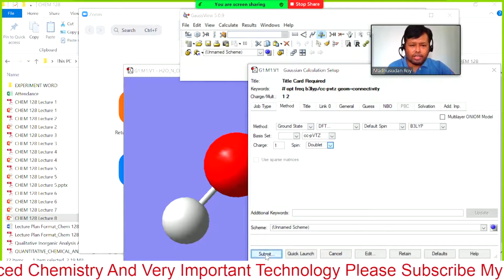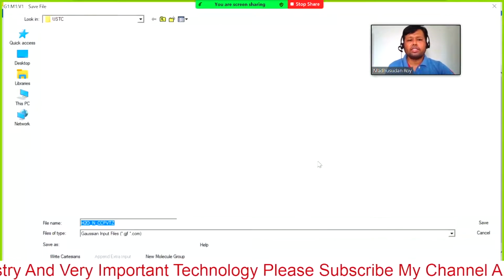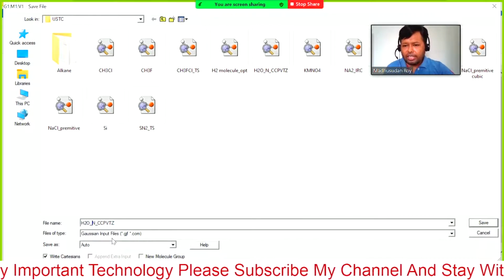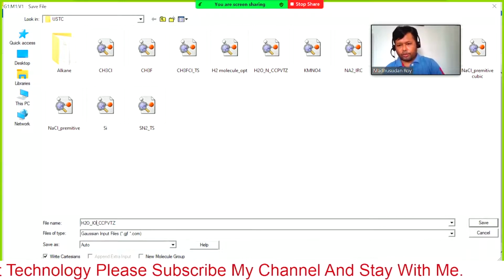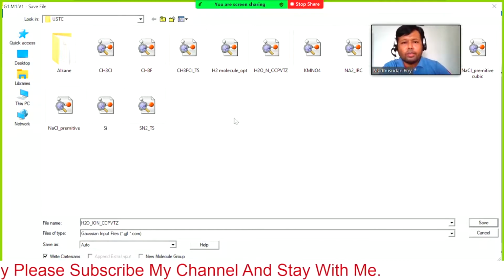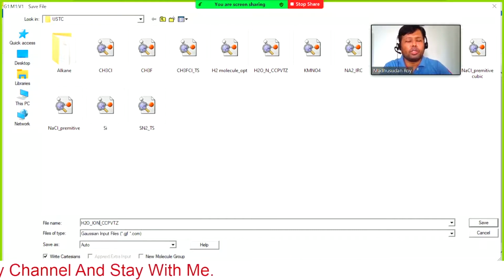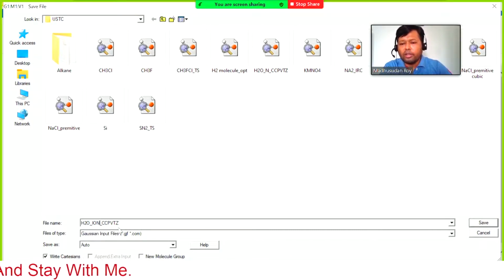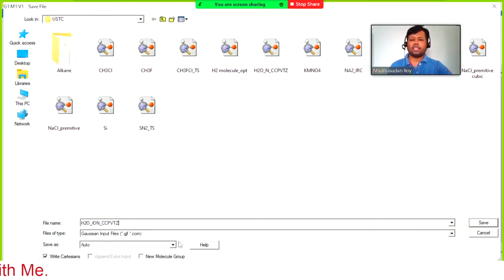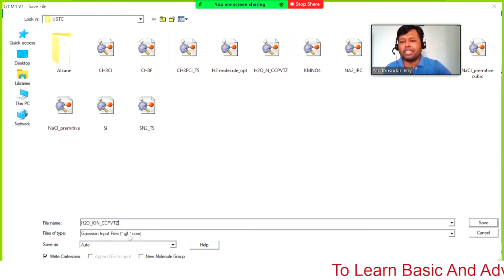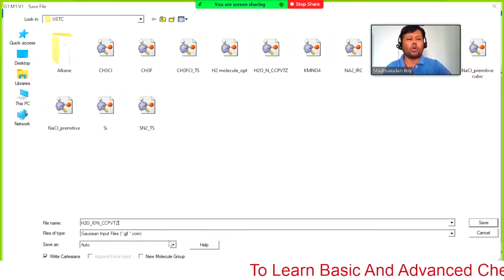So let's submit. Now we will change the name a little bit, ion. Already we have the neutral, and now we are going to calculate the energy of the ion. So H2O ion cc-pVTZ, exactly the same, and the input file name is jj.gjf or .com, this way.